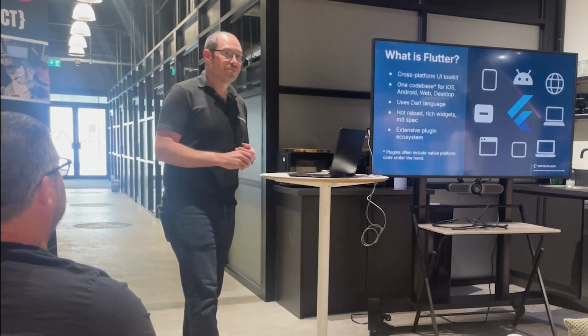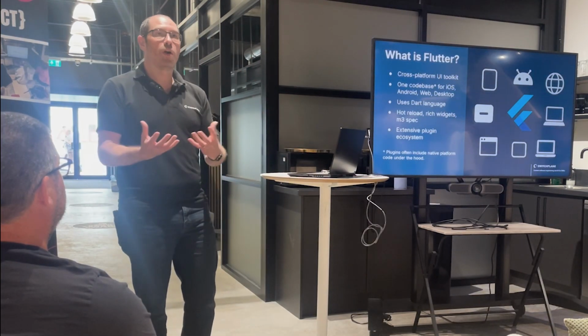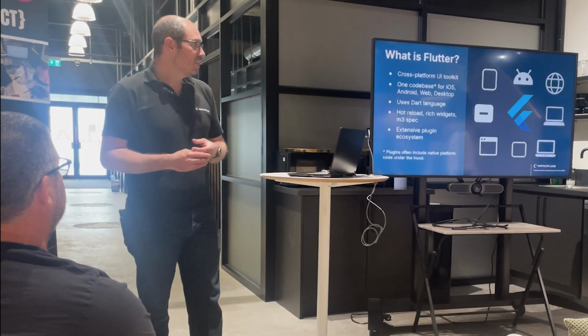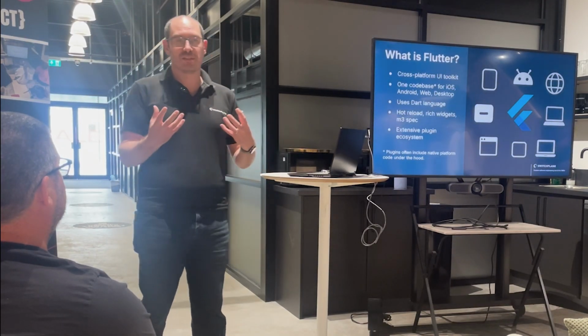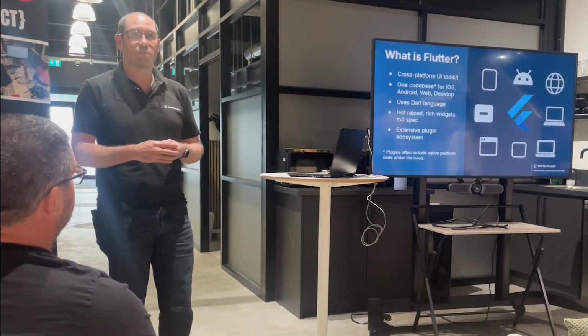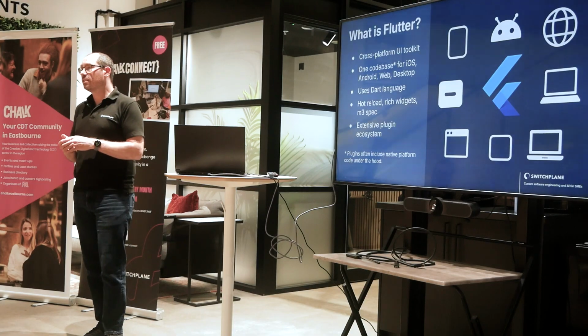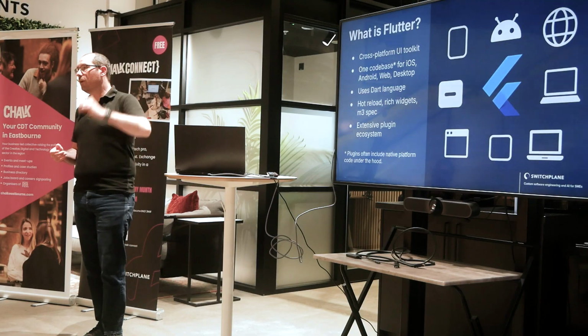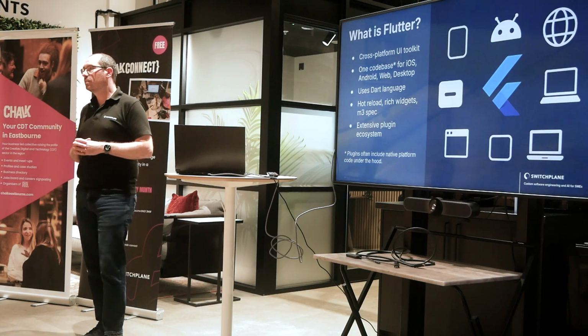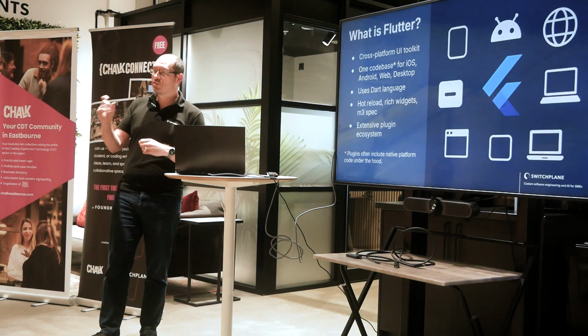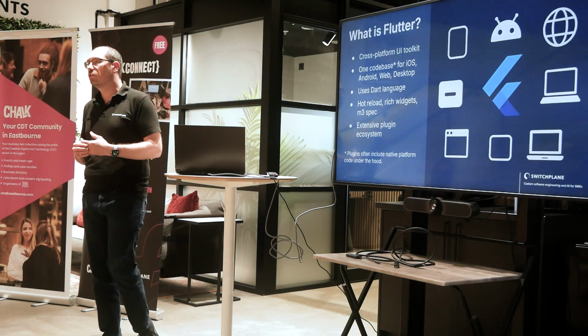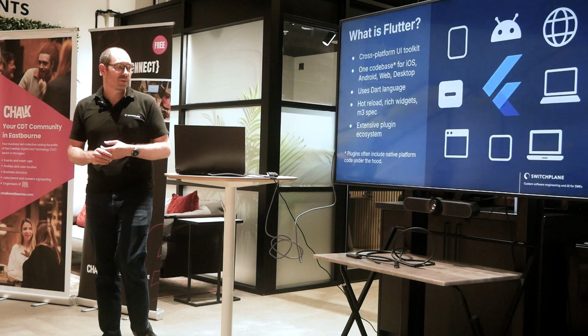It has a very rich set of UI widgets, and that's what Flutter calls them: widgets. Everything that you see on the screen of an app is referred to as a widget, whether that's the app bar that sits across the top, a button, a card, or even a piece of text. These things are all referred to as widgets.